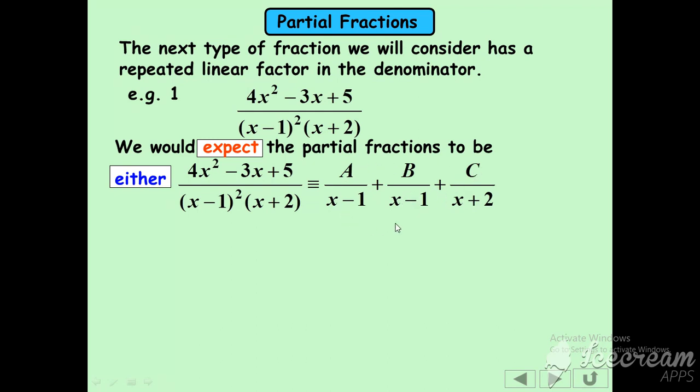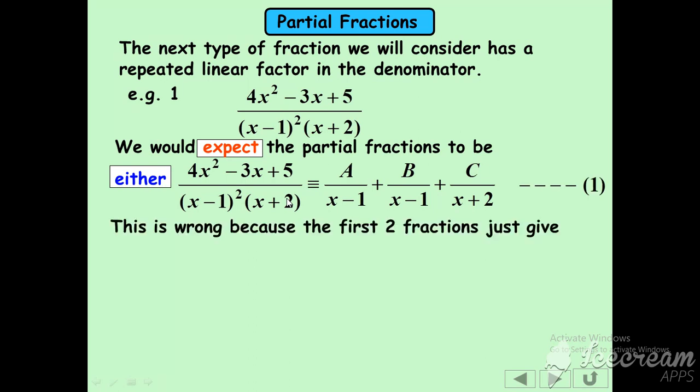But if we do this, we can't get the denominator of LHS, so our process will fail. This will be wrong. Look here, if you take the LCM, it will be x minus 1 and here will be a plus b. Then there is no chance to get the denominator (x minus 1) whole square into (x plus 2) on this side.